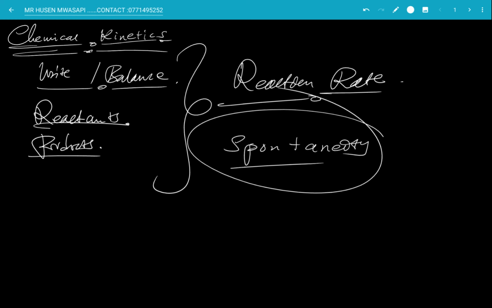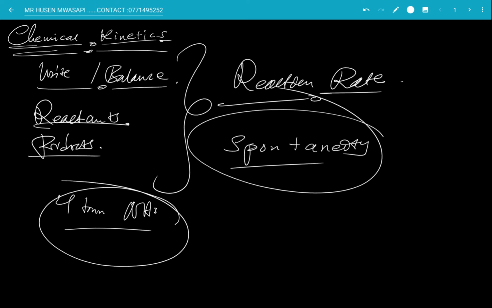If you take, for instance, an example, say 4 tons of, let's say, ammonia is produced by a company annually.